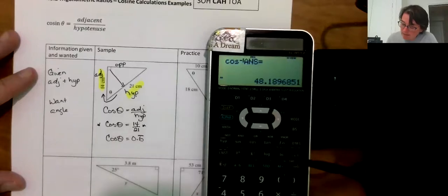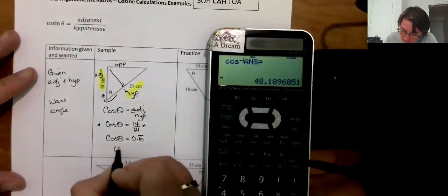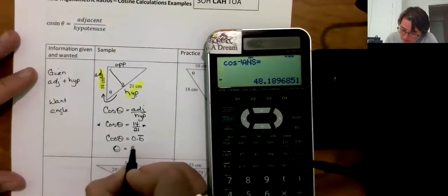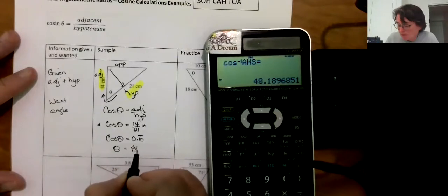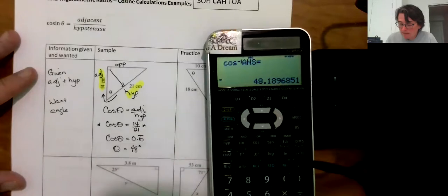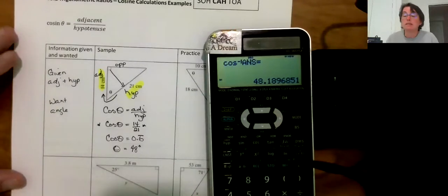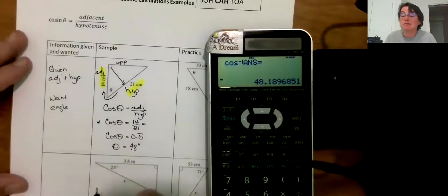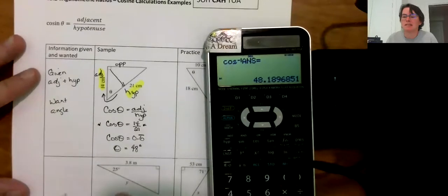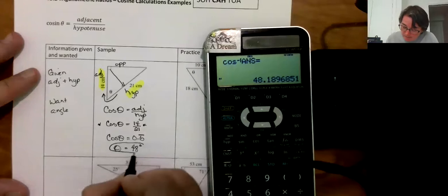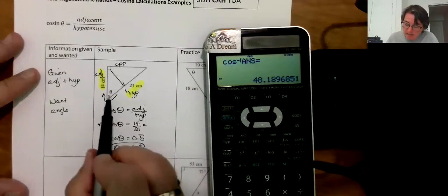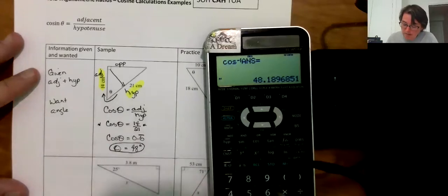And my calculator allows me to just go equals. So theta is 48.1, round to the nearest whole degree, just because that's what we normally do. For some reason textbooks like degrees to go to the nearest whole number. And there is our angle. So that is 48 degrees.